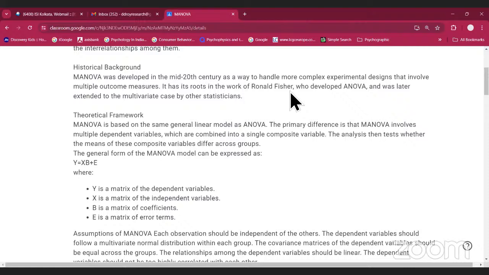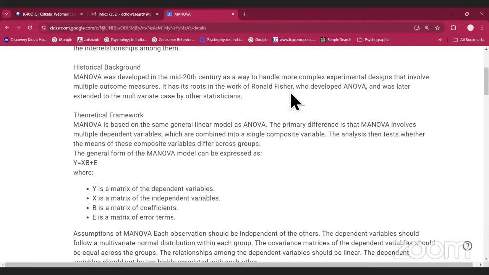Theoretical framework. MANOVA is based on the same general linear model as ANOVA. The primary difference is that MANOVA involves multiple dependent variables, which are combined into a single composite variable. This analysis then tests whether the means of these composite variables differ across groups.